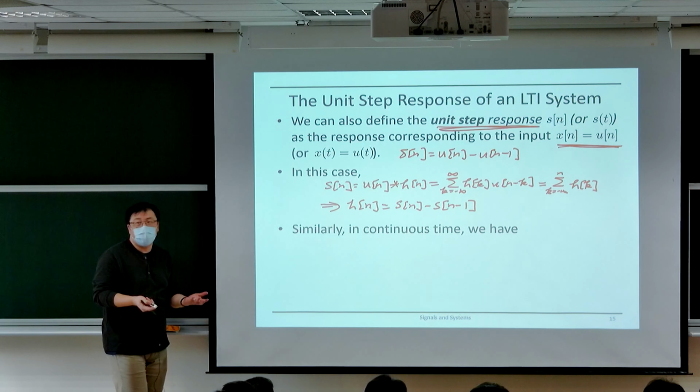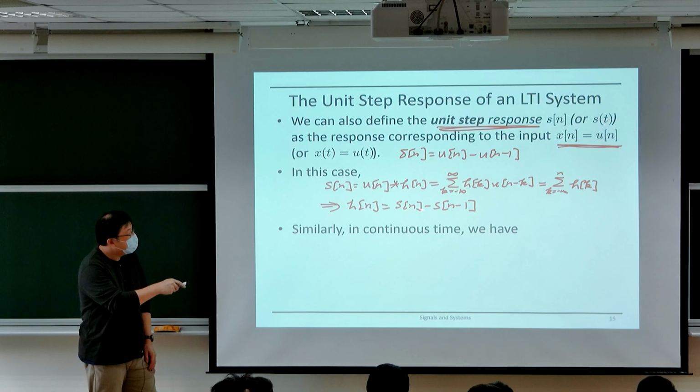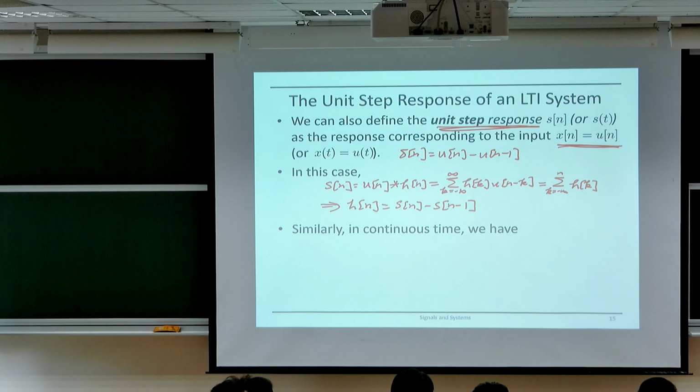So by the superposition property, the response to delta, which is h, should be the response to u minus the response to u of n minus 1. And this holds for continuous time as well.